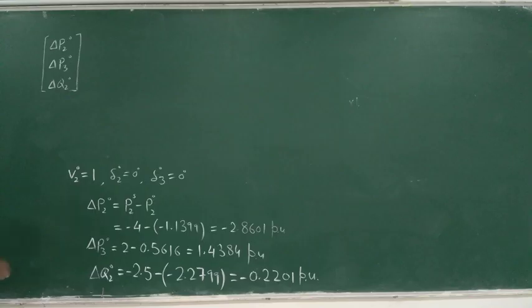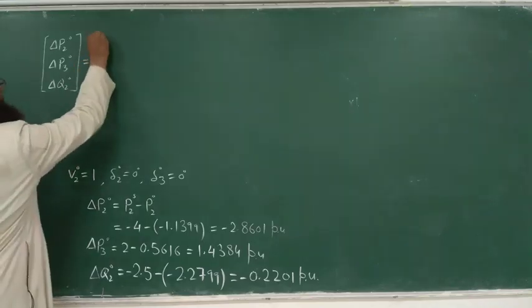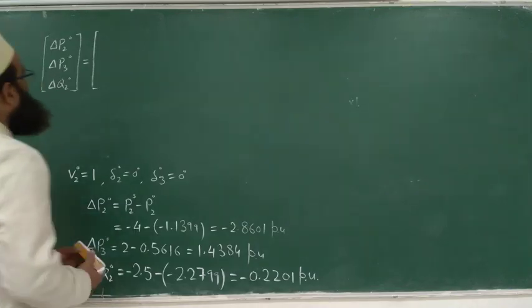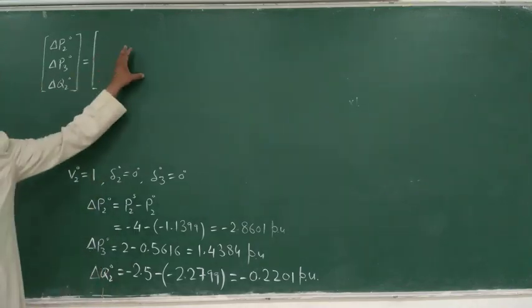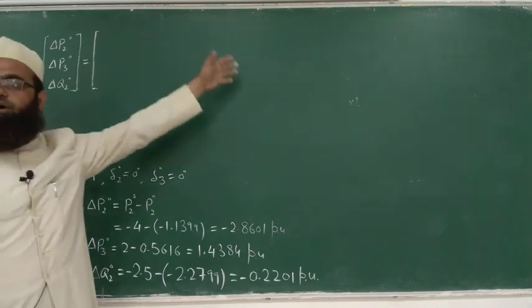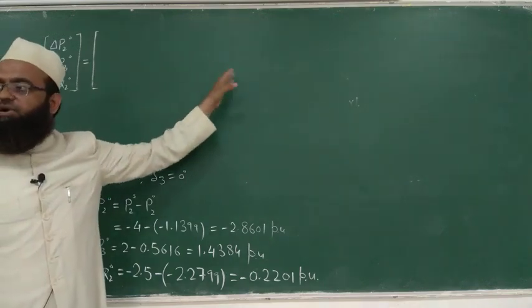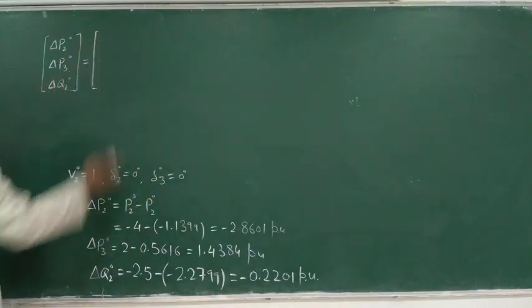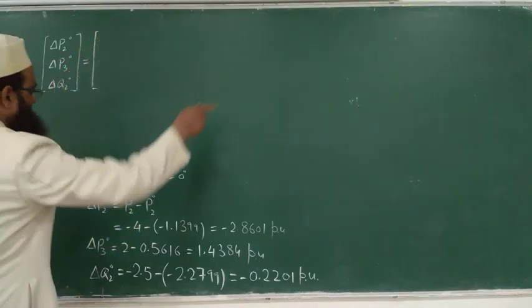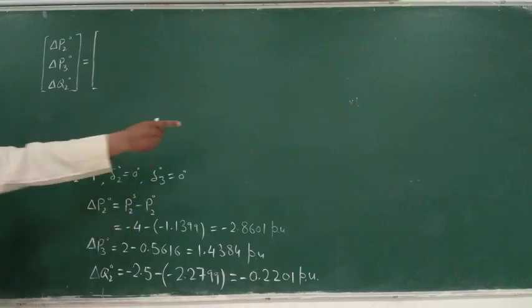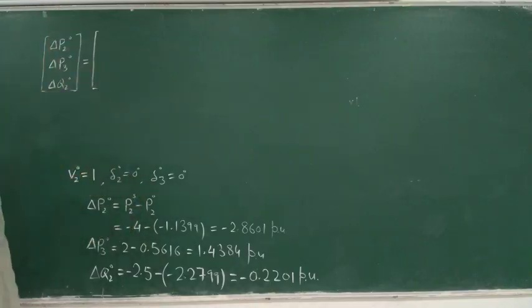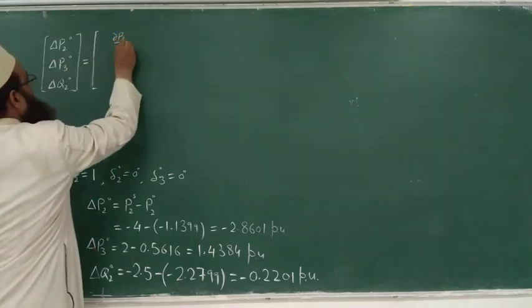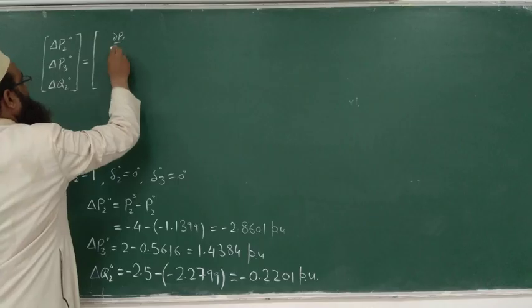Fine. So next we have to evaluate the elements of Jacobian matrix, and once the values of this matrix are known, we can get the values of the corrections corresponding to the variables of our problem. So first we will try to write the elements of Jacobian matrix. So here the variables are delta 2, delta 3 and V2, right? Del delta and del V in that order. So the first element will be del P2 upon del delta 2, first variable.